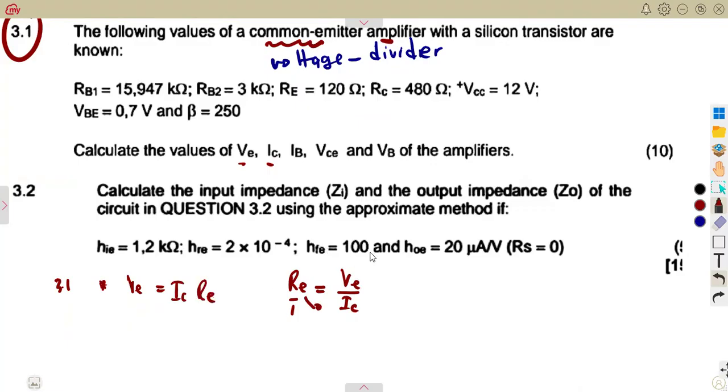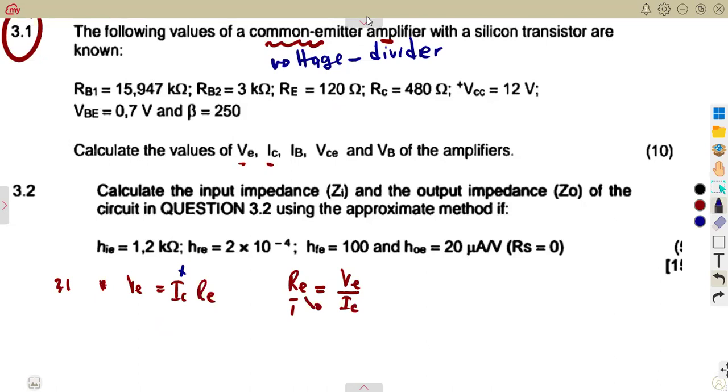So the question is, are we having these values? Are we having the IC here? On this information, IC we do not have. Actually, they want you to obtain that. So this one cannot give us a direct answer. This was going to limit us, as we can see.